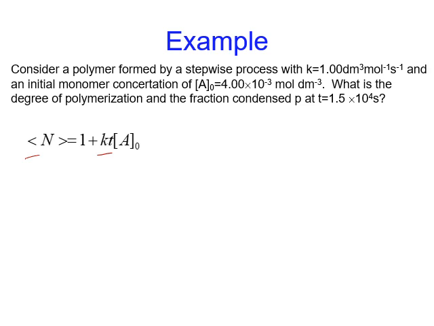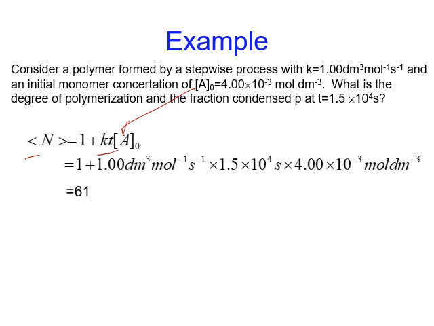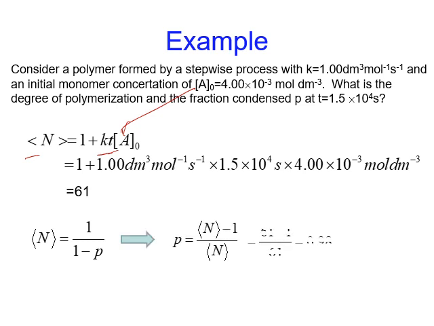So plug in the initial concentration and the time, and you can easily find it's 61. So at this time, on average, each chain has 61 monomers. For P, we have another equation: N is 1 over 1 minus P. N is already calculated, so P can be calculated. The fraction condensed is about 98%, 0.98.